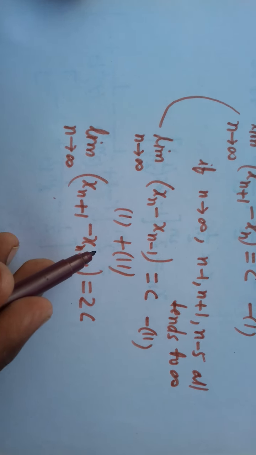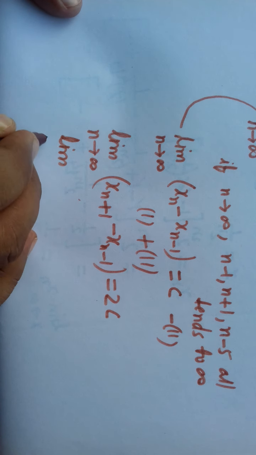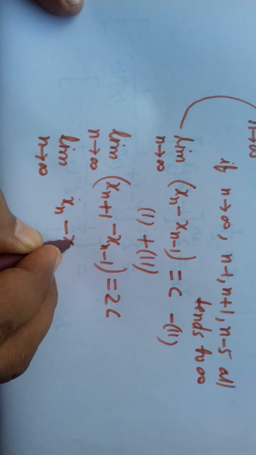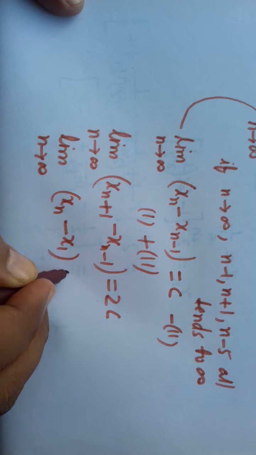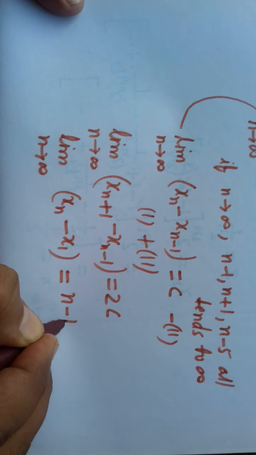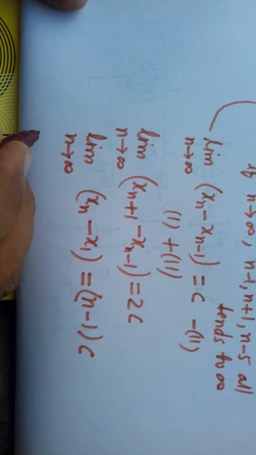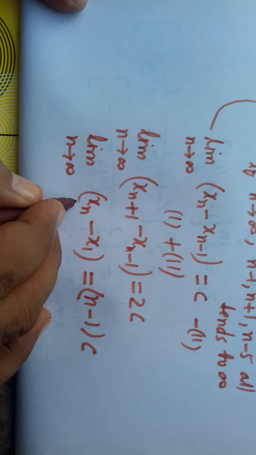In this way, we can write lim n tends to infinity (x_n − x_1). Here the difference is n − 1, then this will be (n − 1)c. We can divide both sides by n.